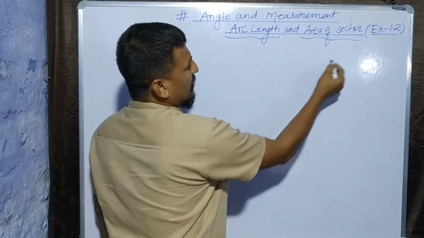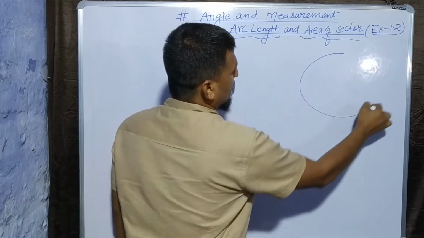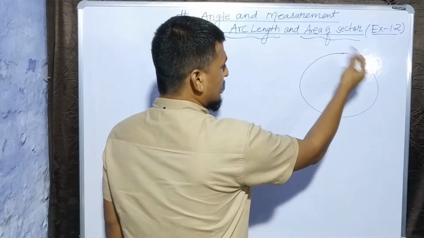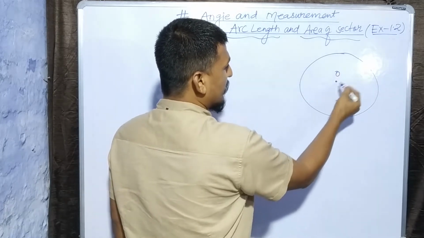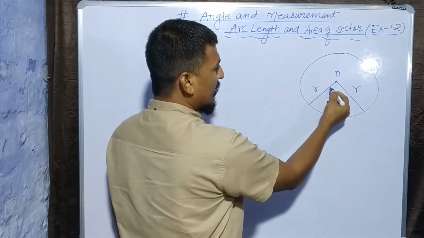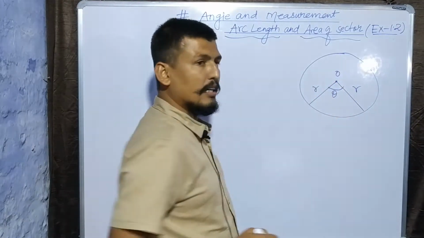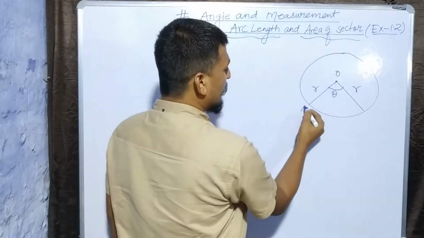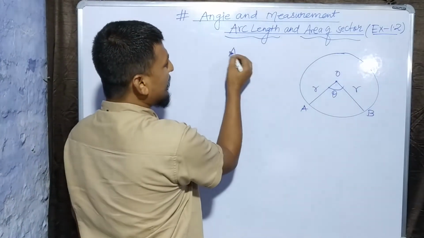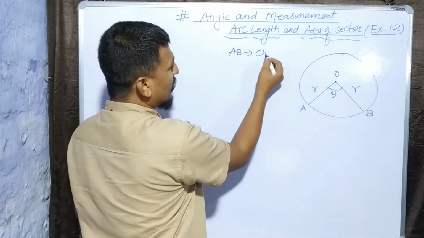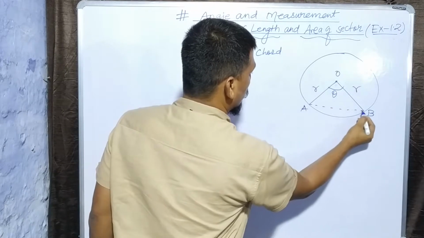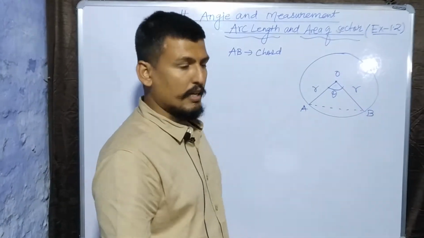In case of arc length, what we have studied till now, and in 10th standard you all have studied, suppose this is a circle having center O, this is radius R, this is also radius R, and this is theta, the central angle, and we have a point A and a point B. If I am writing AB, then AB is a chord of a circle, right?